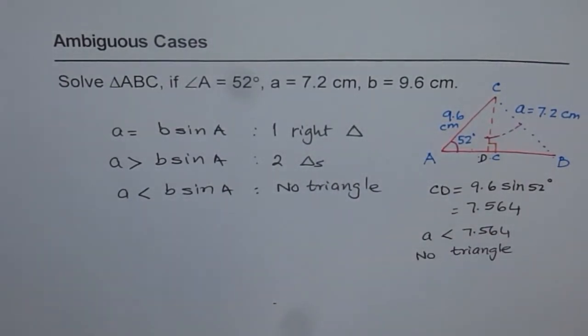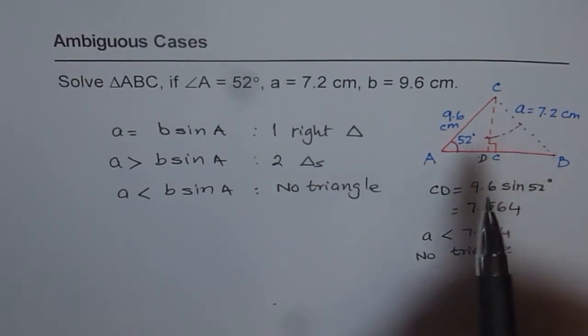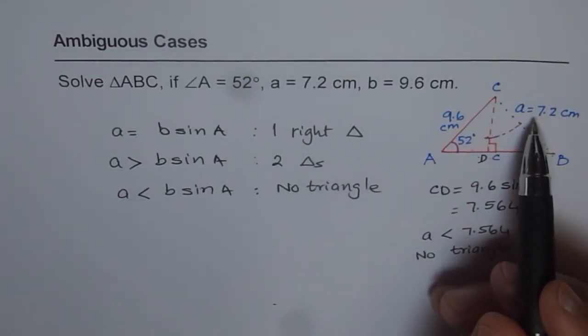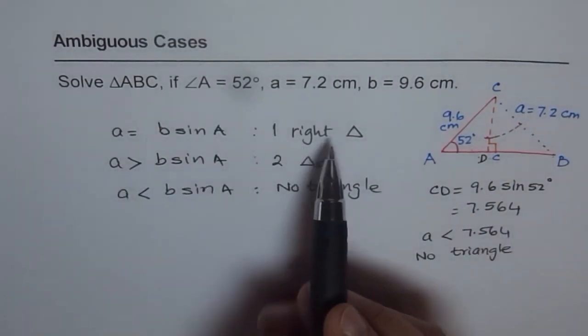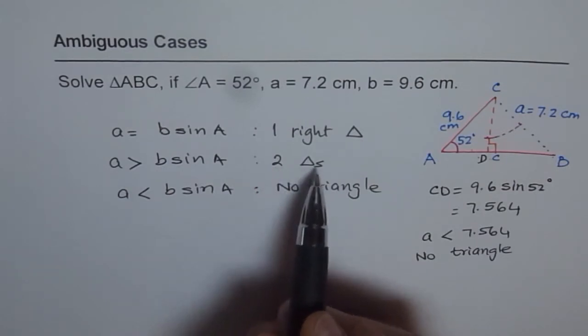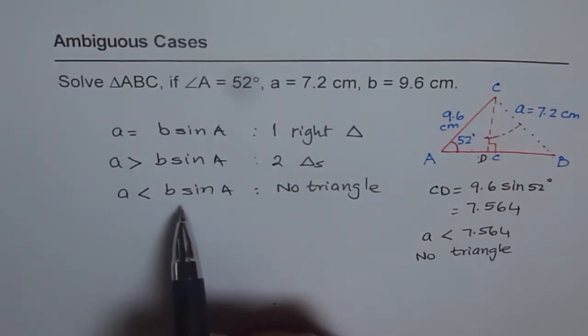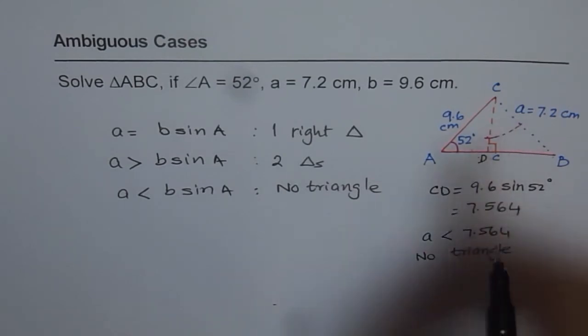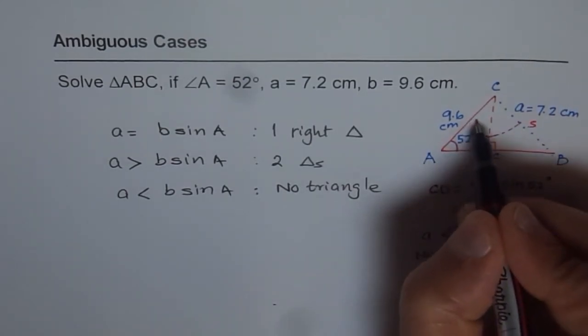When we are considering ambiguous cases, we basically check the value of b sine A with respect to a. If it is equal, then one triangle is formed. If a is greater than b sine A, we are looking for a solution of two triangles. And when it is less than, then no triangle is formed, as in this case. Also remember, we are always checking for ambiguous cases when we are given side, side, and angle.